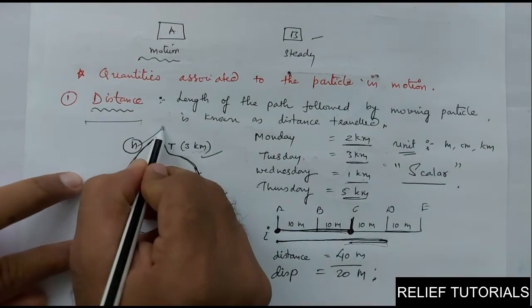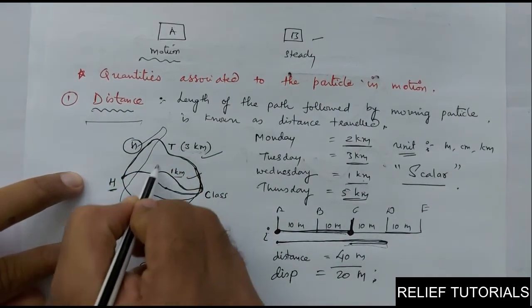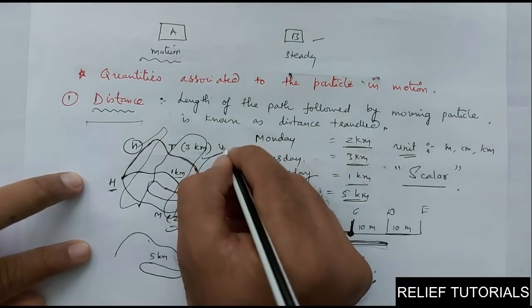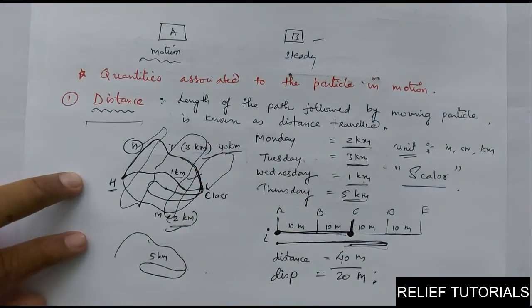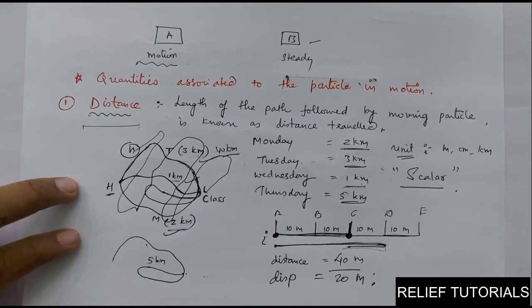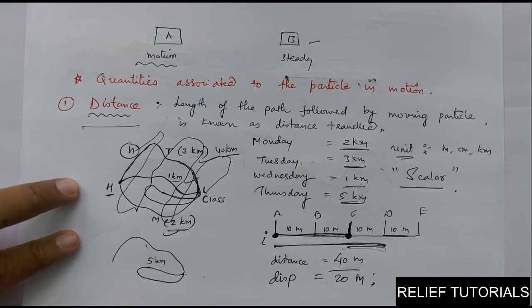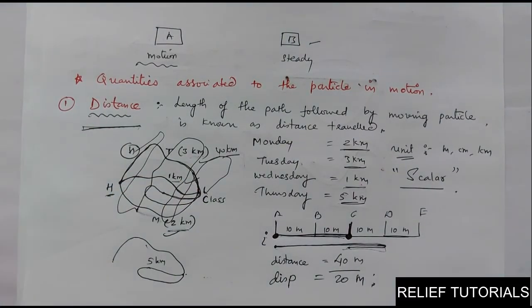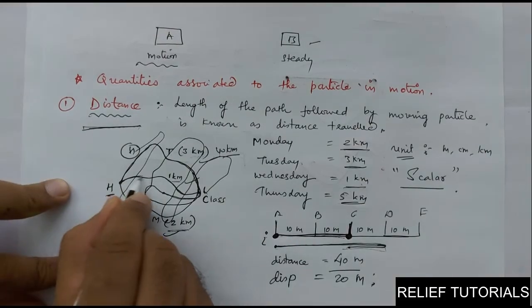I go to this place and this place and this place and then finally came to class, and in covering all these I have traveled 40 kilometer distance. So is it so that I am coming from a very far place? No, it is not so, because distance means length of the path and length of the path can be increased by traveling on the same path again and again. We have seen many students here live near class, but most of the students came to class.